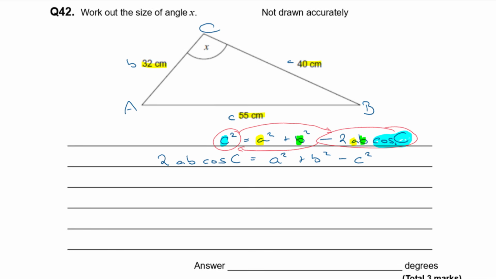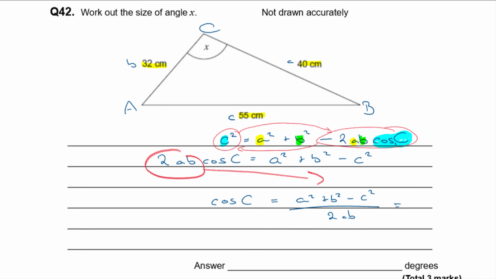So change sides, the minus 2ab cos c became positive and the c squared became negative. And then I'm just going to take this part that's in front of cos c, and divide both sides by it, so it'll end up moving down there. So I'm going to get cos c is equal to a squared plus b squared minus c squared over 2ab. Okay, so that's the formula, and I just need to carefully sub into it now.